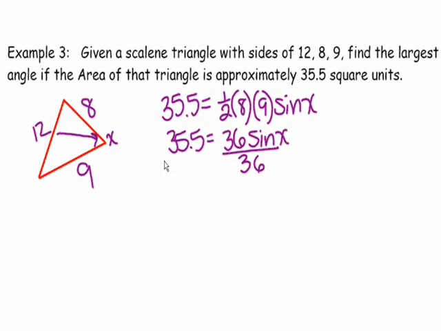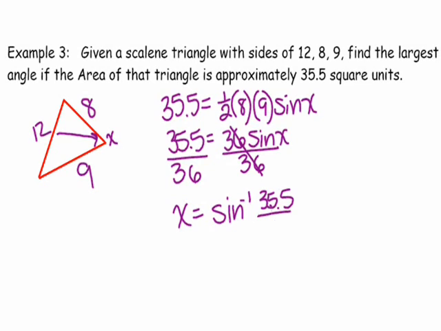And then we go ahead and divide both sides by 36. These cancel each other out, leaving me with sine x equals this ratio. I'm looking for an angle, so what am I going to do? I'm going to use the inverse. So x equals the inverse sine of 35.5 divided by 36. Go ahead and solve that in your calculator and come back when you have an answer.